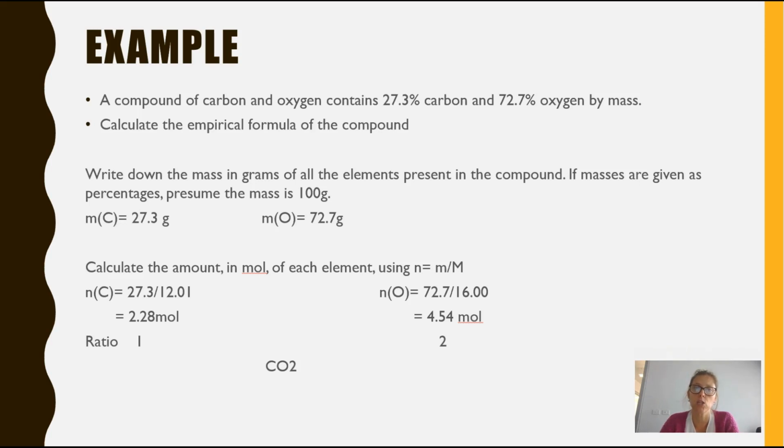So divide by the smallest number, which is 2.28. 2.28 divided by 2.28 gives 1, and 4.54 divided by 2.28 gives 2. So that means I have 1 carbon to every 2 oxygens, and the empirical formula will be CO2.